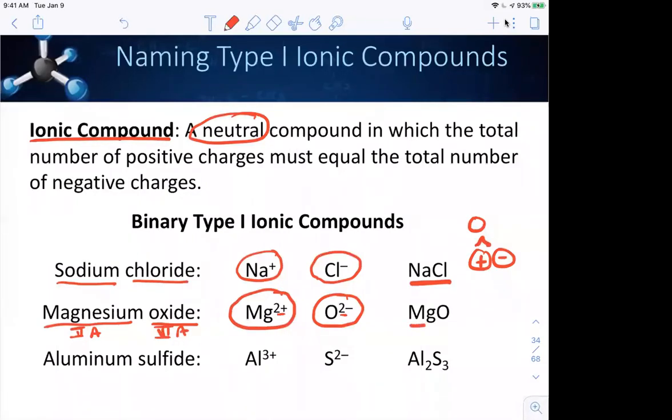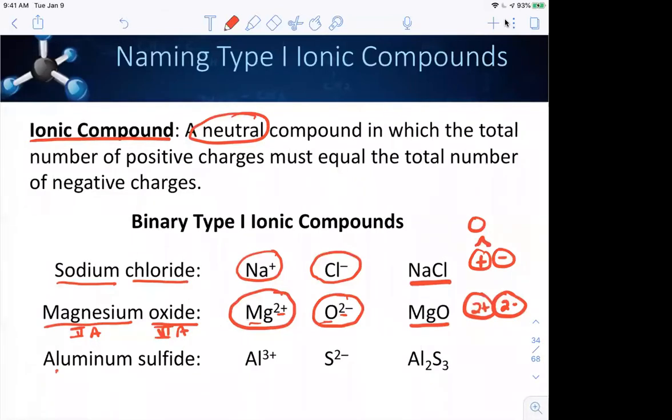That's also a 1-to-1 ratio, because here I have a 2 plus and a 2 minus, and that's going to combine to form 0. I don't worry about the ratio of combination when I name things. I just worry about what's the metal name, magnesium, and what's the anion name, oxide.